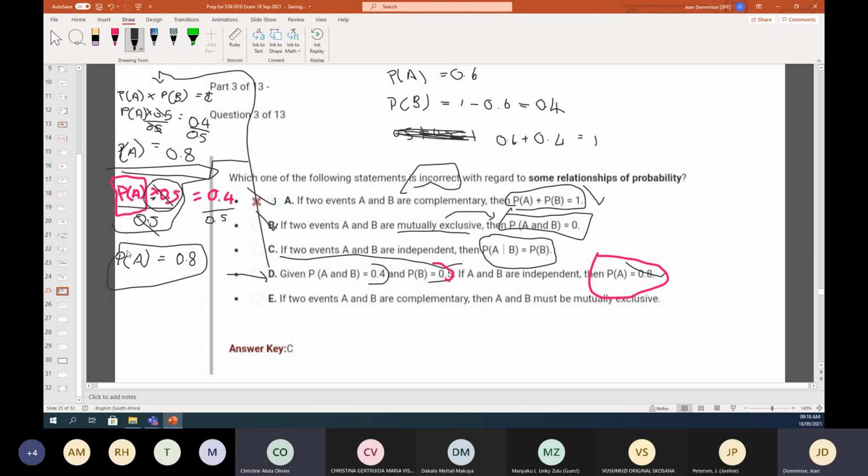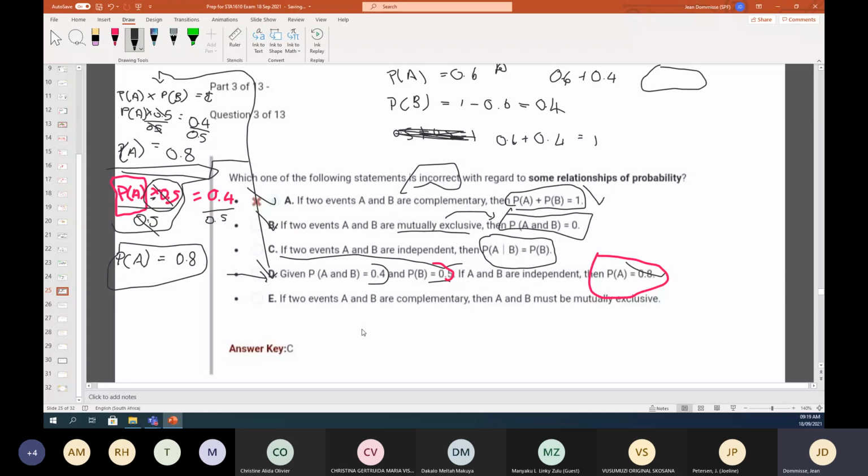Yeah, thank you. Cool. Okay, so we've done A, we've done B, we get to C, we've done D. If two events A and B are complementary, then A and B must be mutually exclusive. Okay, so if A is 0.6, like we did there, B is 0.4, and if we say probability of A and B, that must be 0.